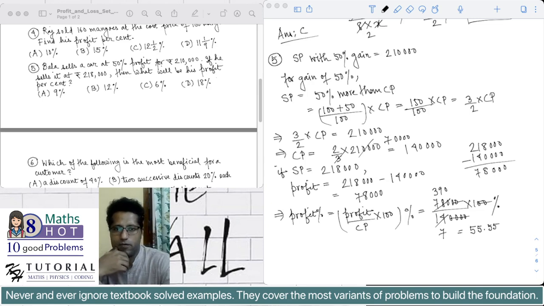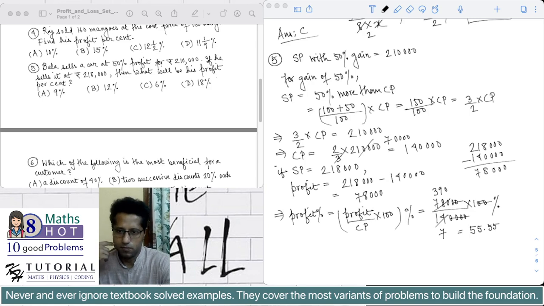Bala sells a car at 50% profit for rupees 2,10,000. So we can definitely find the cost price from this information. Selling price has to be 50% more than cost price, which is (100 plus 50) by 100 multiplied by CP, which is 150 by 100 multiplied by CP, which is 3 by 2 multiplied by CP.